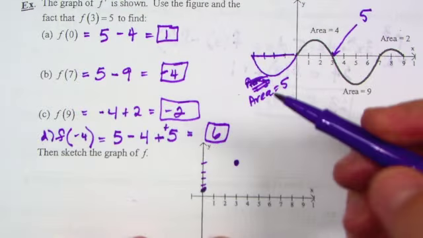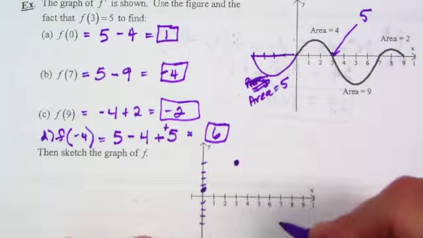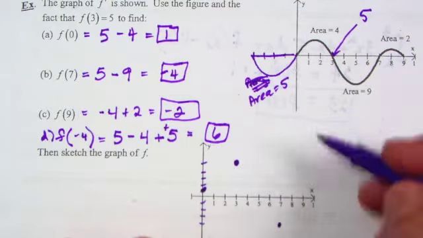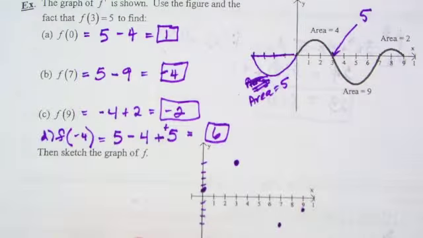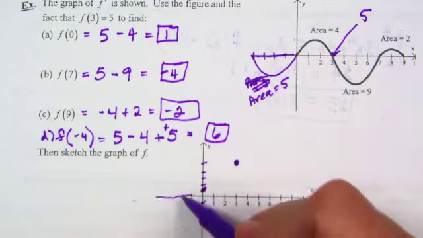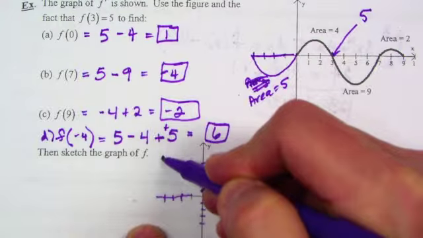I know at 7 I was at -4. I know at 9 I was at -2. And if you wanted to extend it, at -4 I was up here at 6.